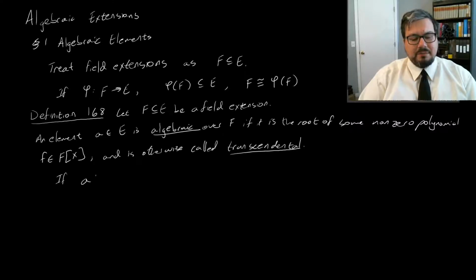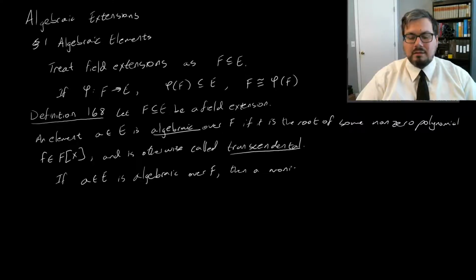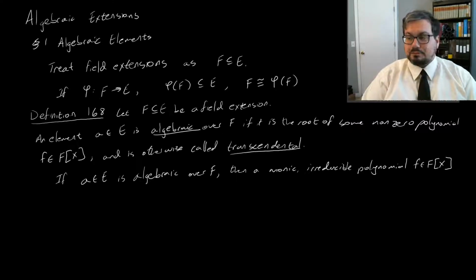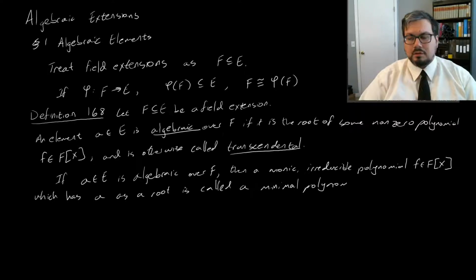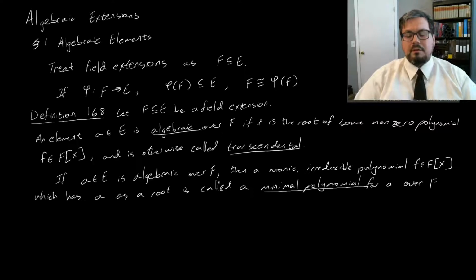Continuing the definition, if an element a of E is algebraic over F, then a monic irreducible polynomial f in the polynomial ring over the field F, which has a as a root, is called a minimal polynomial for a over F. Recall that monic means that the leading coefficient is 1.